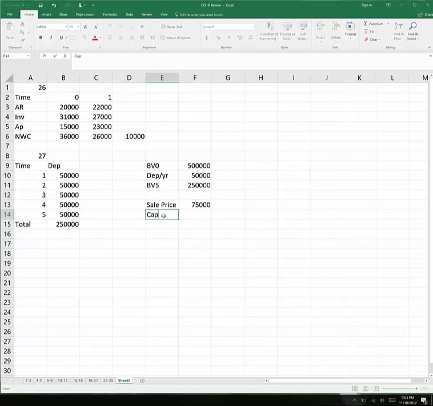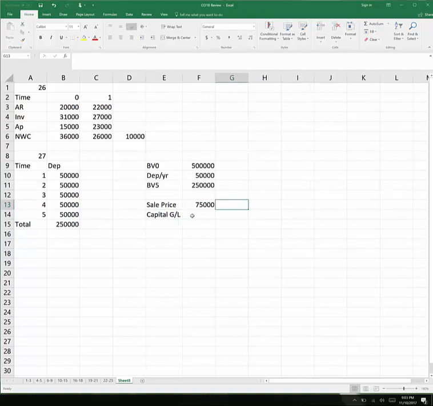So now we have our capital gain or loss. Here, we're going to take our sale price and subtract what it's worth on our books. So we have a $175,000 paper loss. Not good, but at least we have a tax benefit.